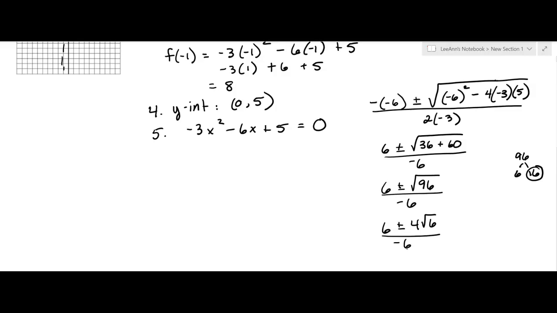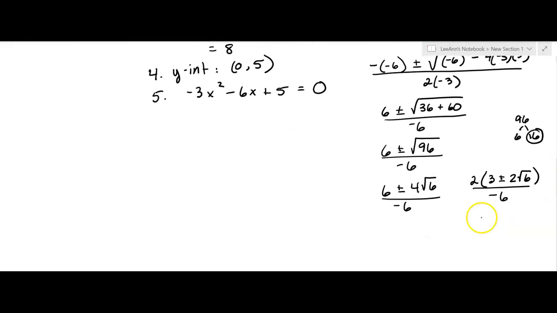Yeah, this just isn't fun to simplify. All right. Well, if you take out a 2, you could have 2 times 3 plus or minus 2 times the square root of 6 all over negative 6. And then you're going to have to make that, you know, negative somewhere. So you could cancel the 2 and make it 3 plus or minus 2 times the square root of 6 over negative 3.